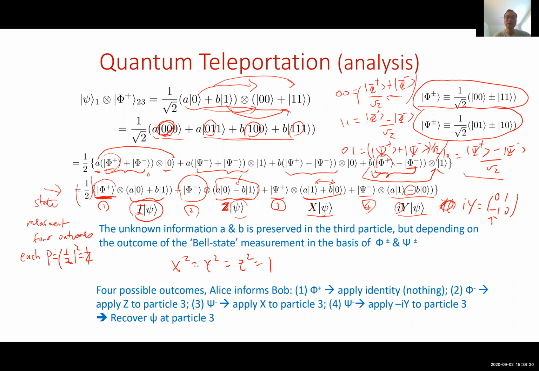If it's the third outcome, this should be psi plus. Then you apply the X to the third particle to cancel out this X here.